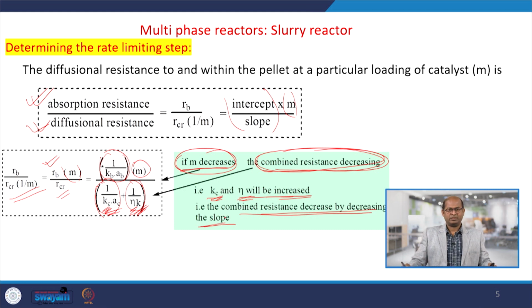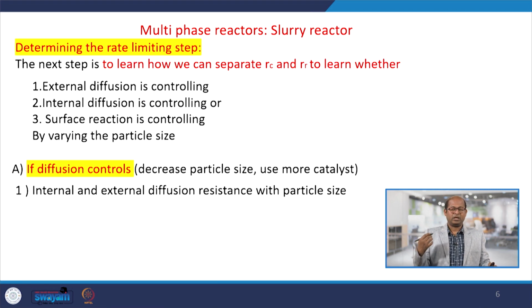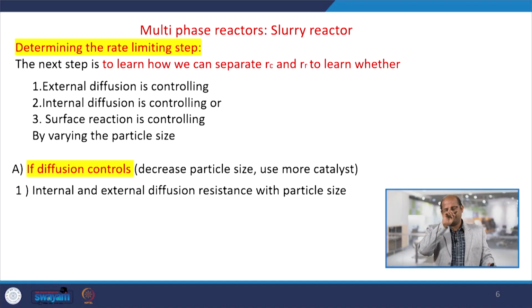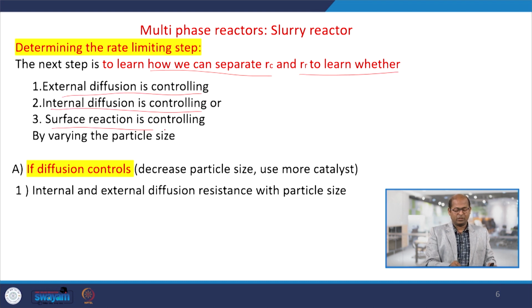That way we can control the resistance of the individual components, meaning external diffusion resistance and internal diffusion resistance. The next step is to learn how we can separate RCRR, that is, whether external diffusion resistance, internal diffusion resistance, or surface reaction is controlling, by changing the catalyst particle size.